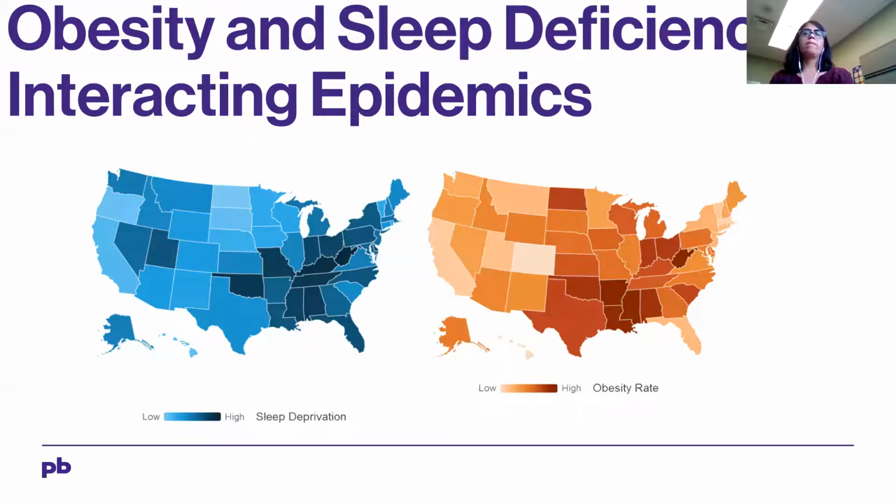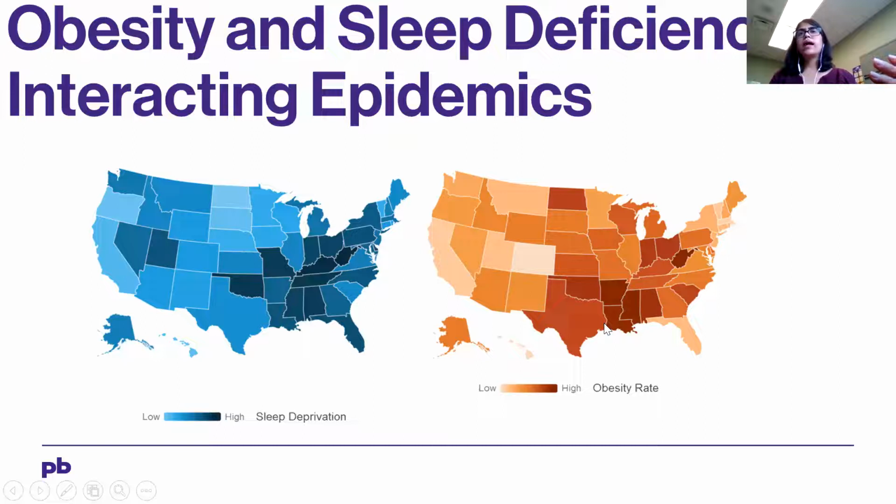The blue map here is telling you about sleep deprivation and how many people have insufficient sleep. This map over here, with different hues of red or brown, whatever you call it, is telling you about the obesity rate. What is important is that the geographic locations where individuals have poor sleep are the same ones with high obesity rates.